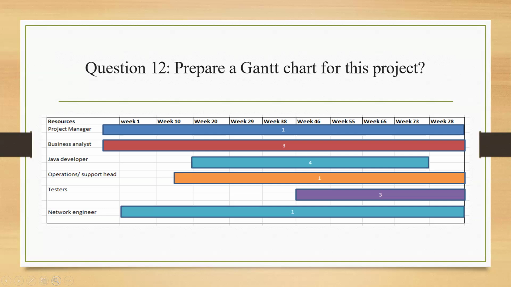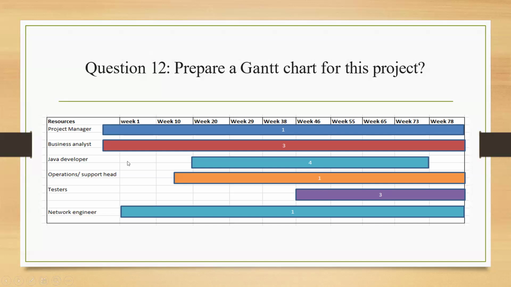And you need to prepare the Gantt chart for the project. You can prepare a Gantt chart by making use of Excel. Take the data that is going to be used in a project. Here, if you observe, we have taken the resources involved in your project, and we have given the duration of how these resources are involved in the entire project duration. Coming to the project manager, he's involved in the project entirely.